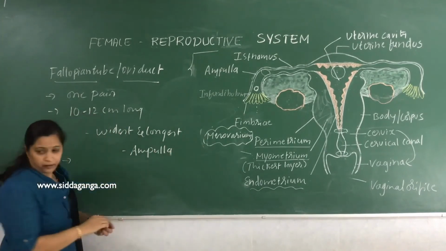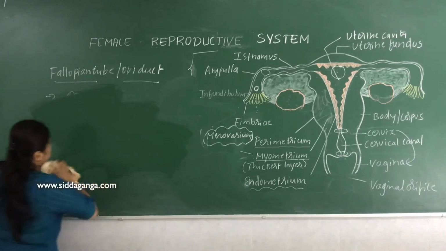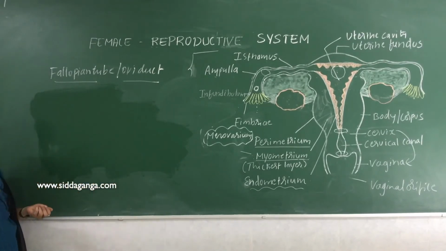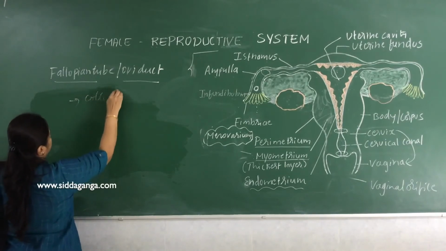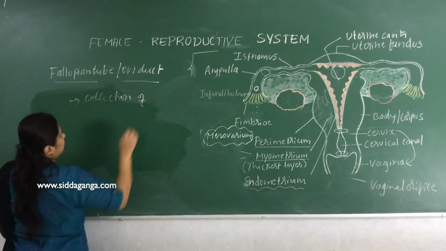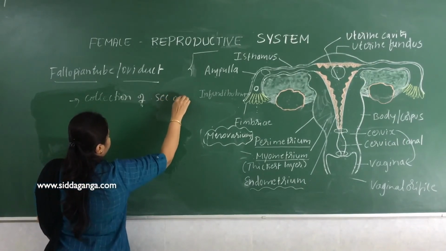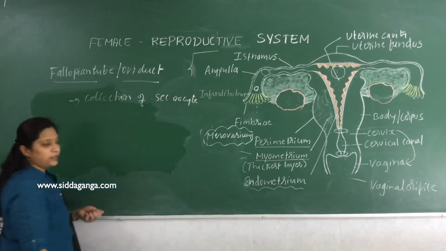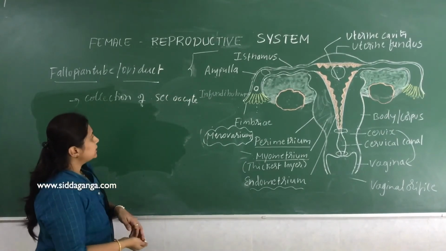So what is the function of the fallopian tube here? Collection of the secondary oocyte.